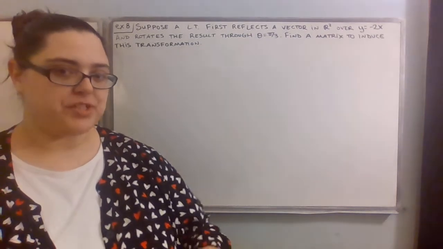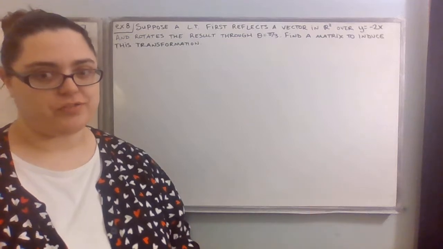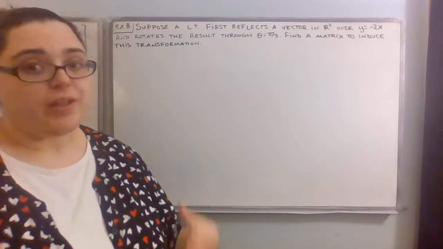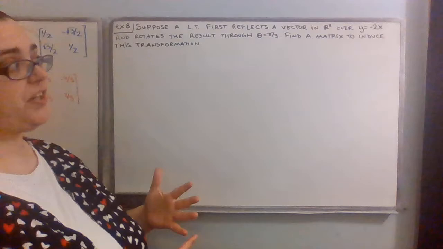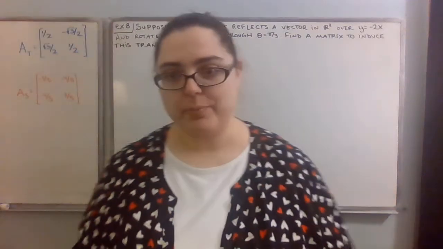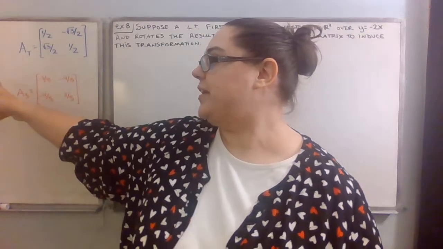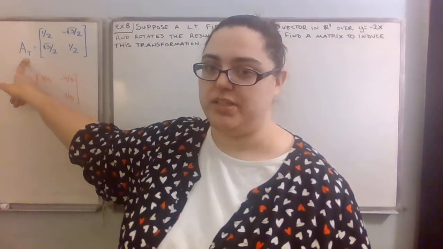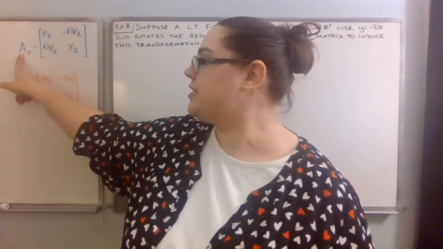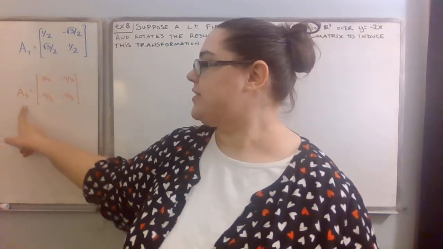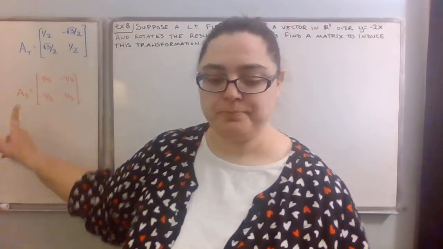We want to find a matrix that induces this linear transformation. This is a combination of the two transformations we just looked at. I've called this matrix A sub T because it induced T, and this one is A sub S, the matrix that induced S.